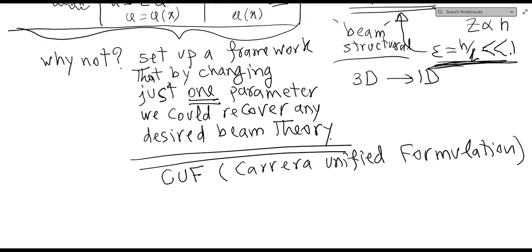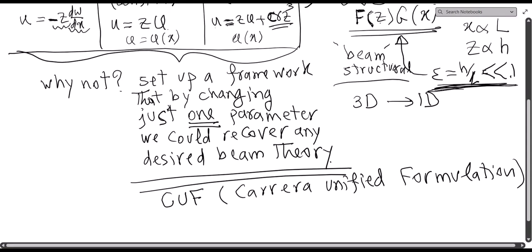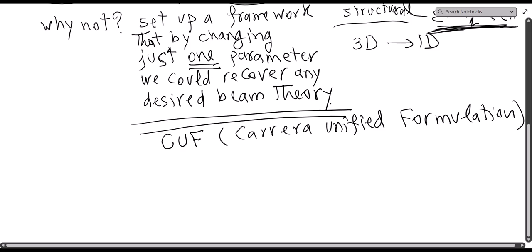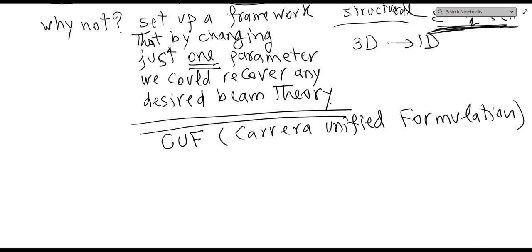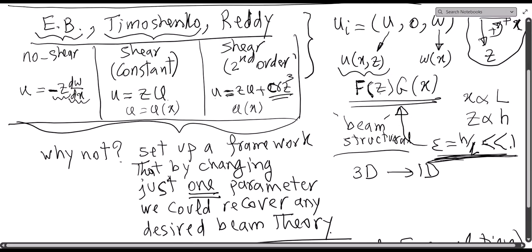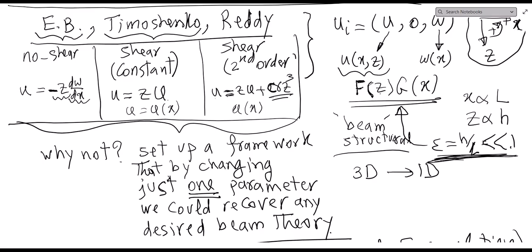So in other words, Carrera formulation or CUF is not a beam theory by itself, but it is a framework, an umbrella that can give you all of the beam theories from Euler-Bernoulli, Timoshenko, Reddy, and beyond. Any order that you want. For example, here we have a linear term with respect to z, and in Reddy we have a linear term and a cubic term.